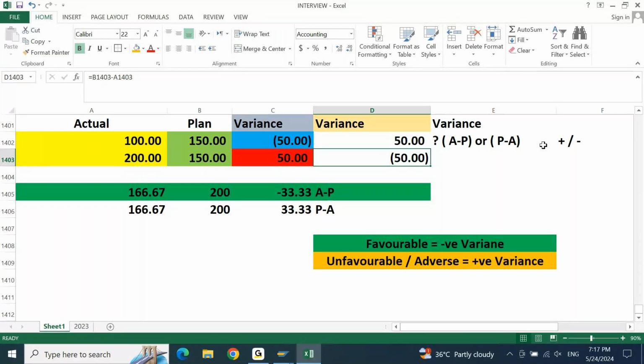Give your justification according to you, why you are telling this variance is positive, why you are telling this variance is negative, and explain everything from the SAP point of view, because you are referring to SAP controlling. Keep in mind you are considering the SAP point of view, and accordingly you align your understanding.